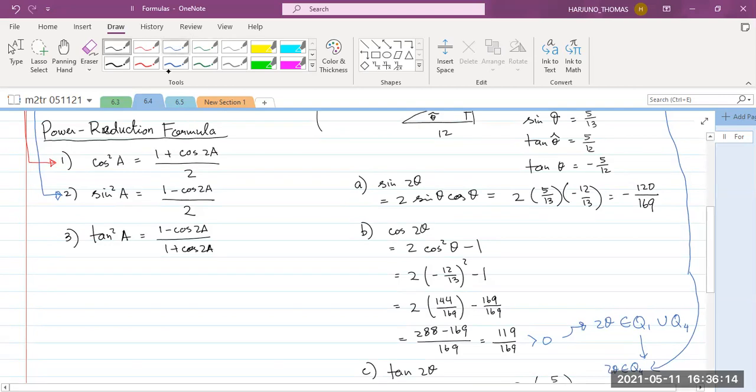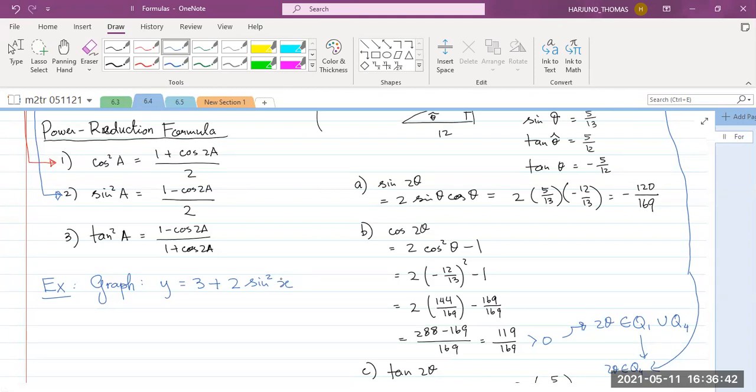It becomes important, for example, if I ask you to graph y equals 3 plus 2 sine squared x. Can you graph that? Oh, Thomas, we never graph sine squared x. But we know what sine squared x is right now. Sine squared x is 1 minus cosine of the double angle over 2.